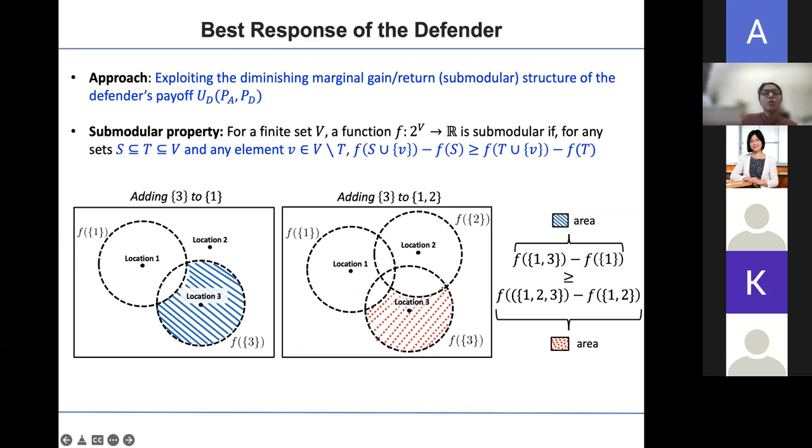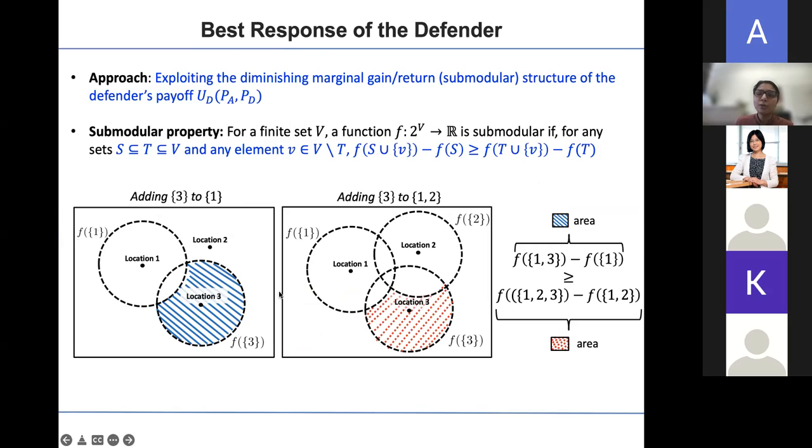All right. So what we see is that UD, the payoff function of the defender, is not concave, but it has a nice structure called submodularity. So I'll explain what is submodularity here. The mathematical definition is available here, but I'll be using this geometric figure here to explain it. Let's consider a function f, and let's say f of 1 is denoted by this circle here, and f of 3 is denoted by this circle here, right?